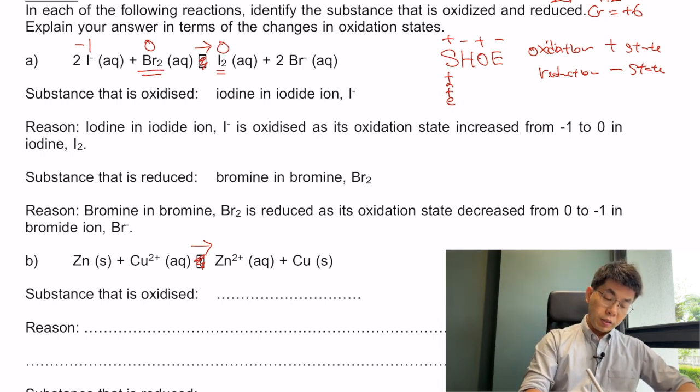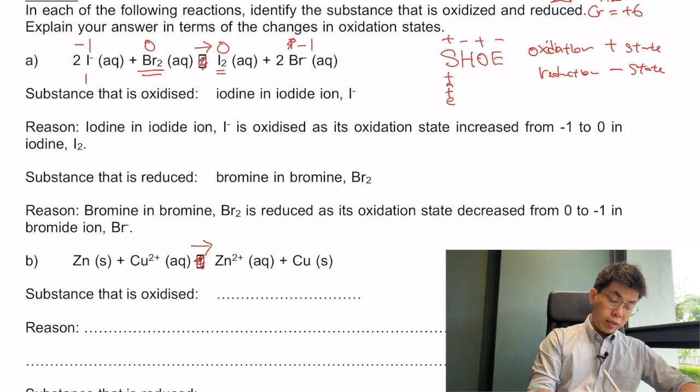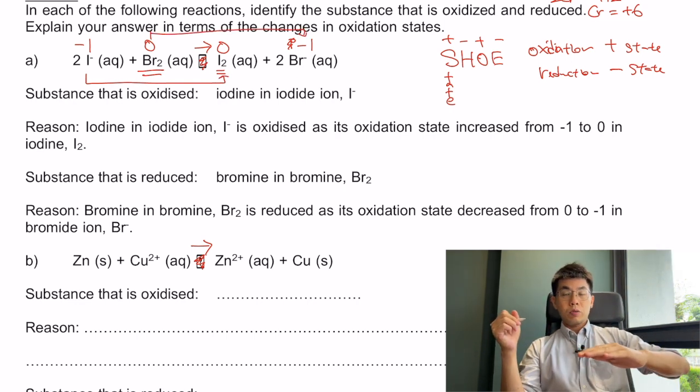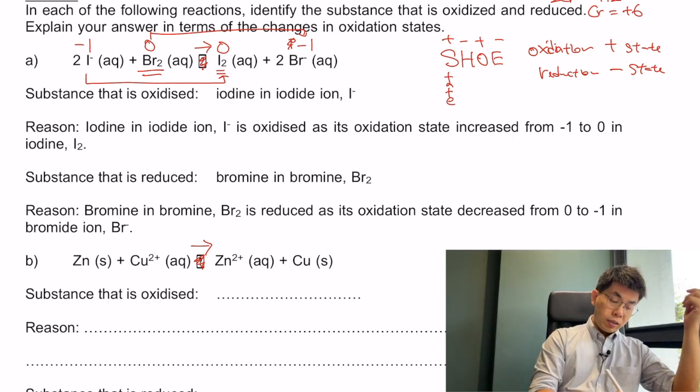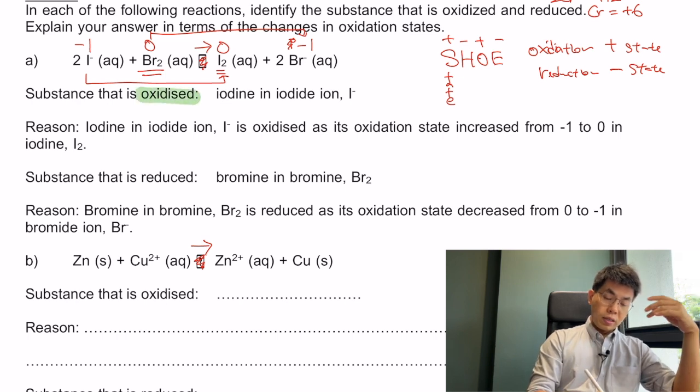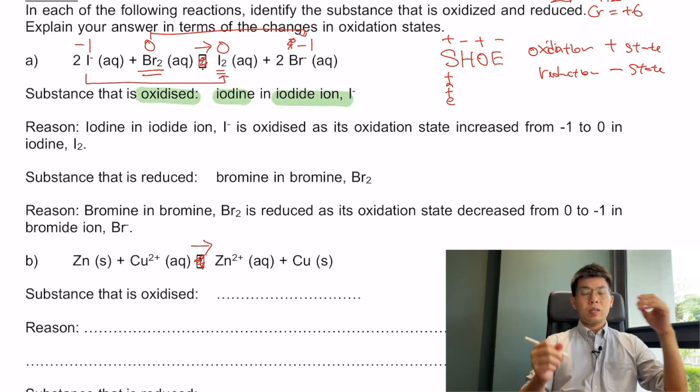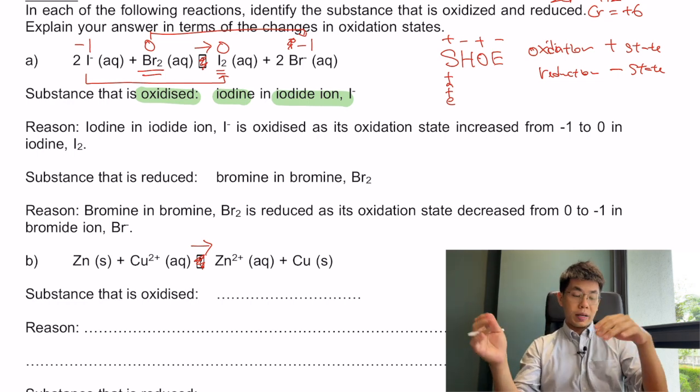And then Br minus, because it's a negative, so we've got a -1 over here. So we can see the iodine changed from -1 to 0, while bromine changed from 0 to -1. When I go from -1 to 0, this is an increase. So therefore, the iodine in the iodide has oxidized. It's the iodine species in the iodide ion.